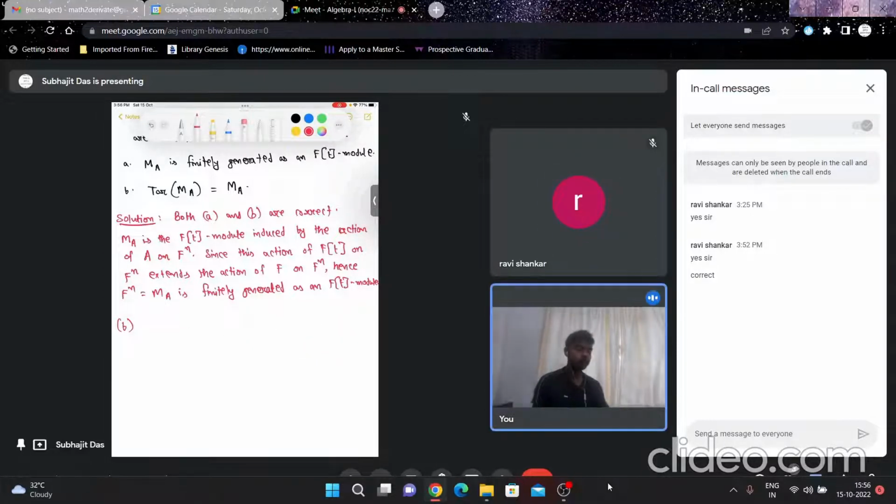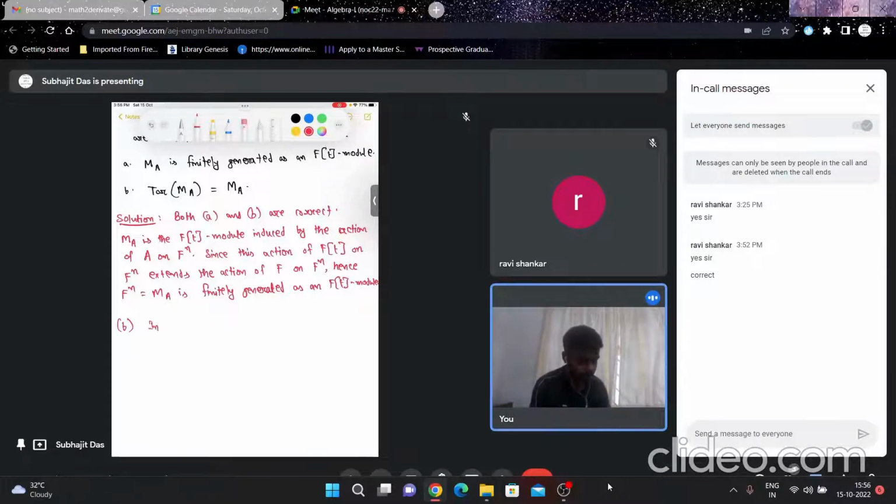So now we want to know why the torsion part of MA is equal to MA. In other words, we want to know that if you take any element of the F[t] module MA, then it is actually annihilated by some non-zero polynomial, right?